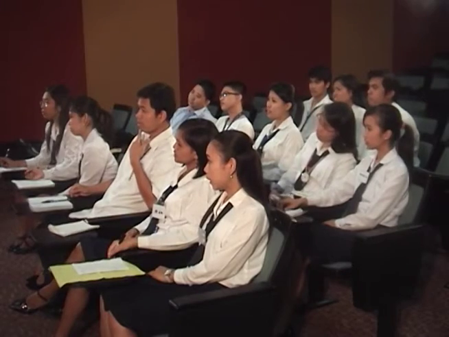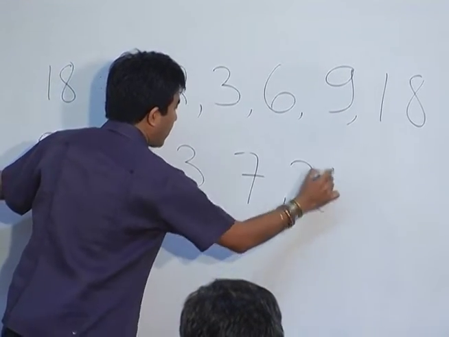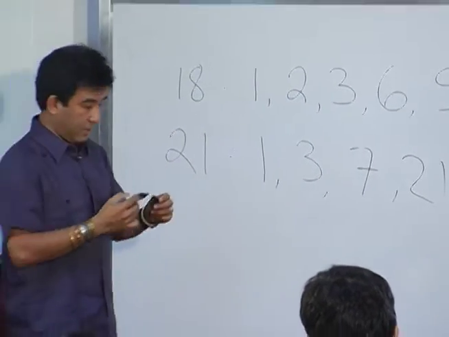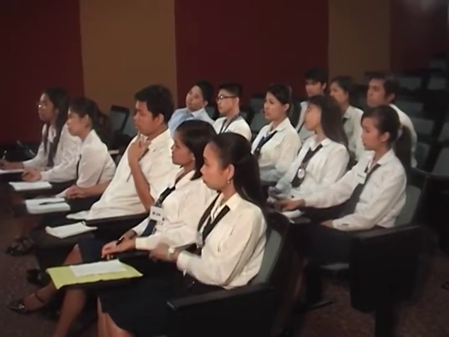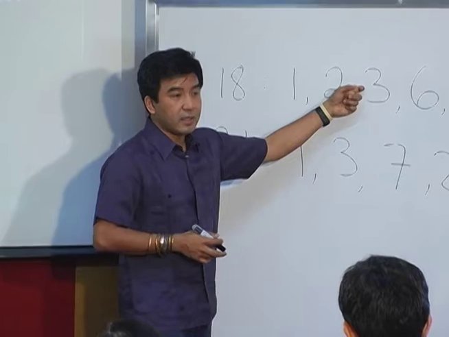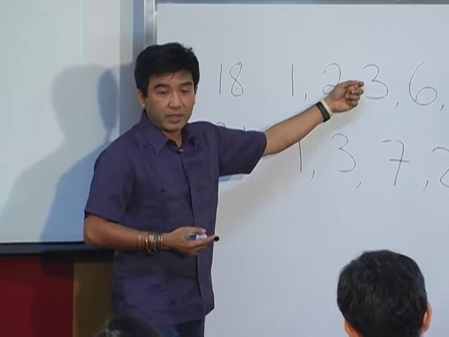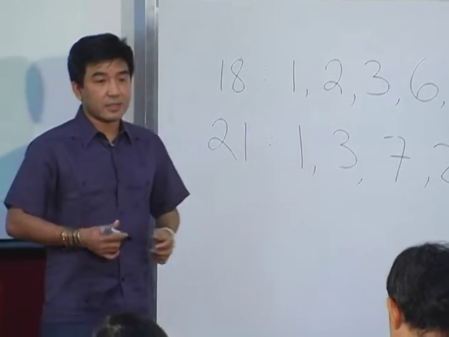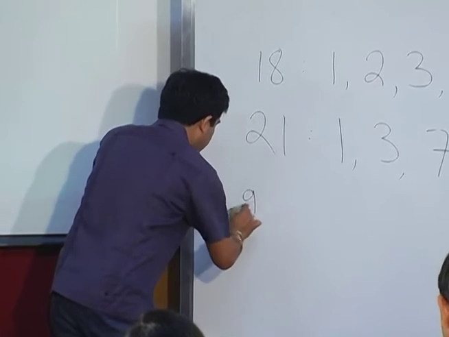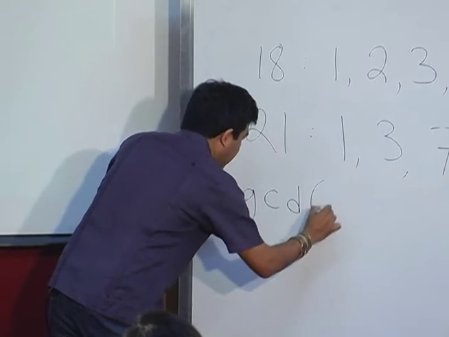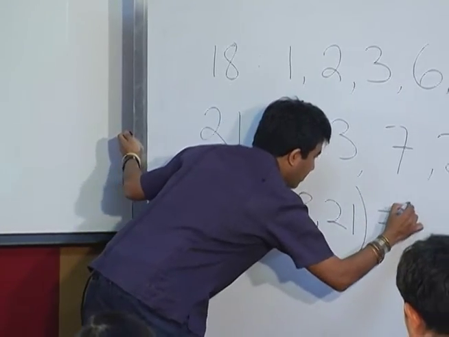This is 1, 3, 7, 21. So what are the common factors of 18 and 21? We have 1 and 3. The greatest common divisor is just the greatest among all the common divisors. So we write GCD of 18 and 21 is equal to 3.